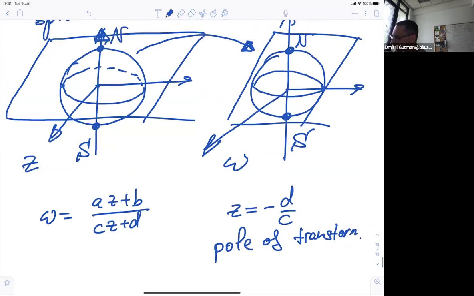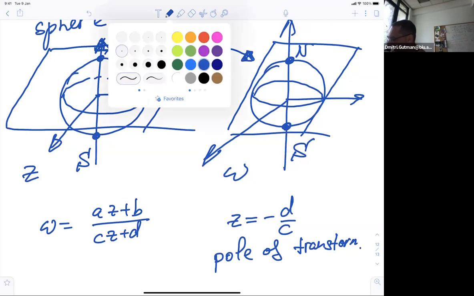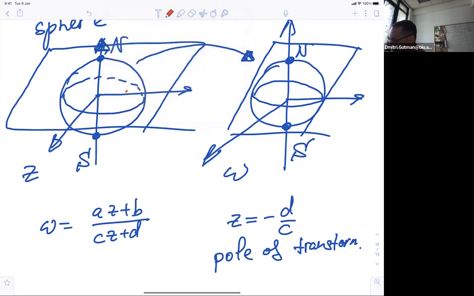So there is a point somewhere here, schematically, which is z equal minus d over c. It lies somewhere on the sphere. What can we tell about this point? Where will it go under the Möbius transformation?